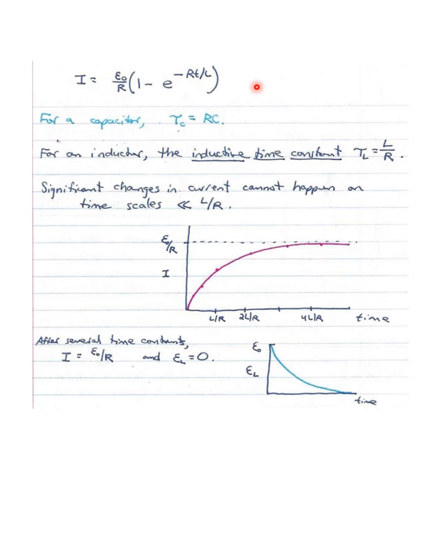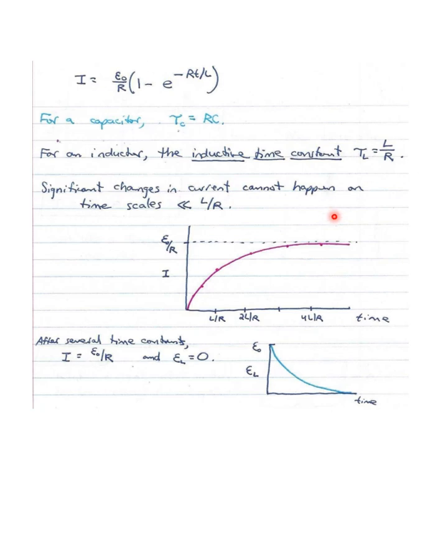There I've written it as tau sub C as RC. The analogy for that with a resistor inductor circuit is the inductive time constant. So in that case, it's L over R. So for a capacitor, the time constant is R times C. For an inductor, the time constant is L over R.